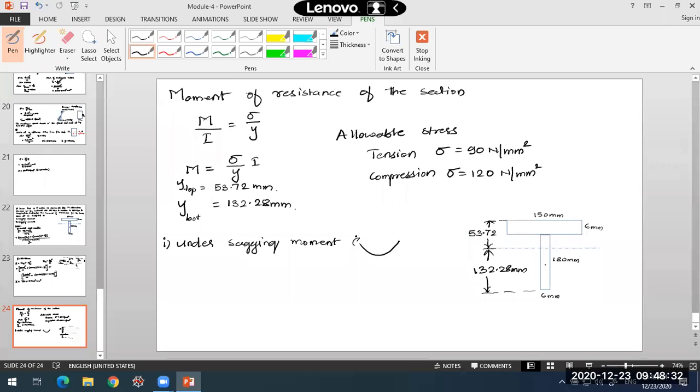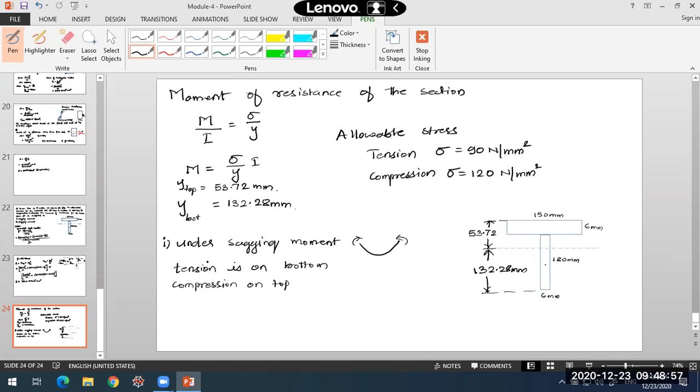So under such a situation, tension is on bottom and compression on top. This is what is going to occur.